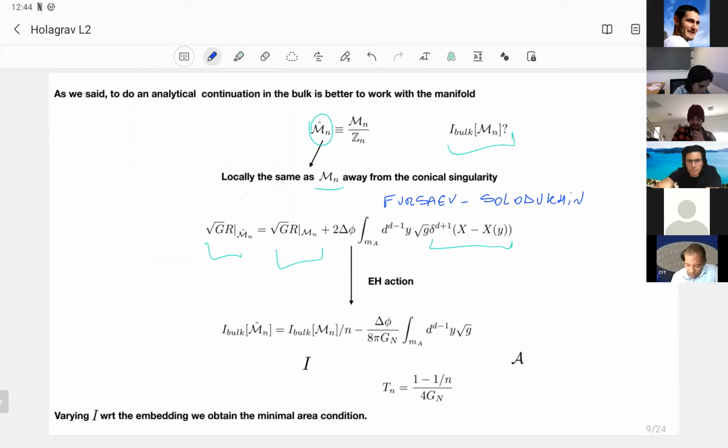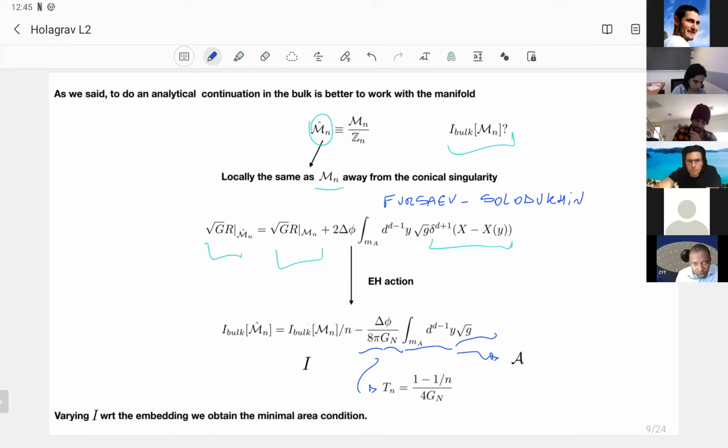So the difference in the Einstein-Hilbert action between these two manifolds, M and M hat, is a term that has a delta function, and that indeed you can see is the area of something times the deficit angle, that at the end can be written as the Tn that Sidon said.